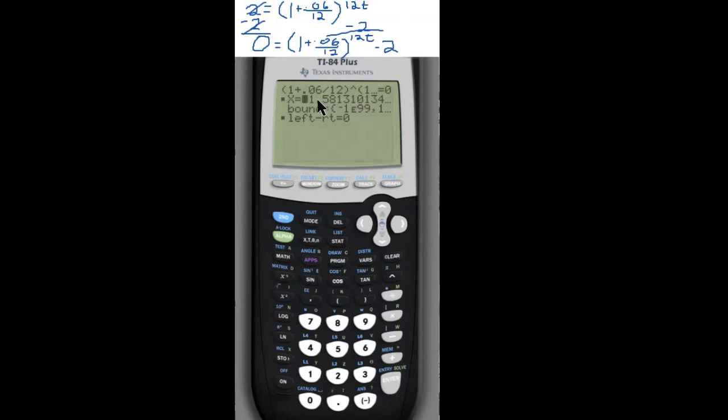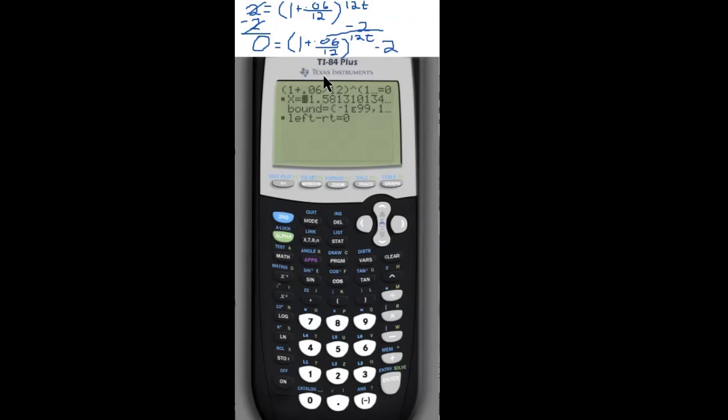Now, it's really just going to give us one solution. So if your equation has multiple solutions, this method may help in finding one solution, but it's not going to find all of the solutions.